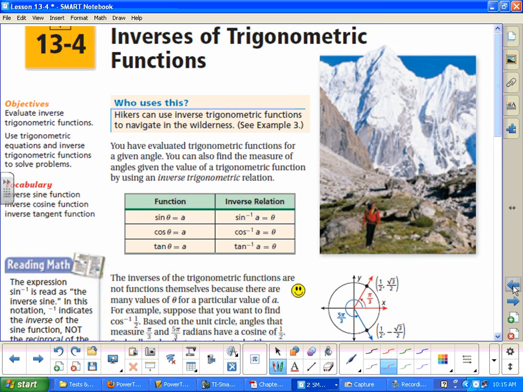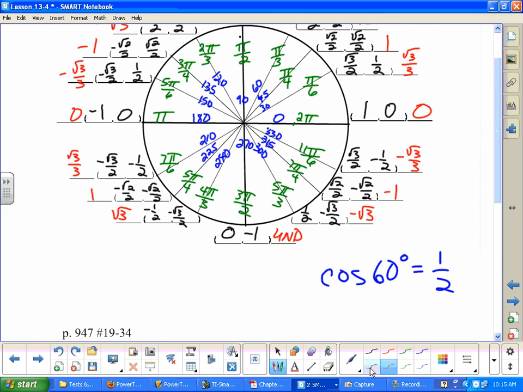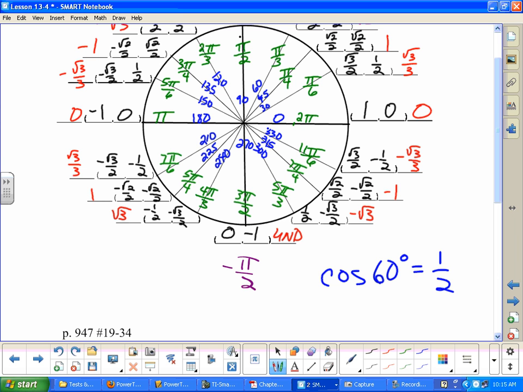So when we look at our unit circle, we're actually going to be doing some renumbering so that instead of 3 pi over 2 down here, this is going to be negative pi over 2. Okay? And all we're doing is going clockwise. Okay? So if I go clockwise here, how far did I go to get to 11 pi over 6? How far is it from here to here? Negative pi over 6. So this is the same as negative pi over 6.